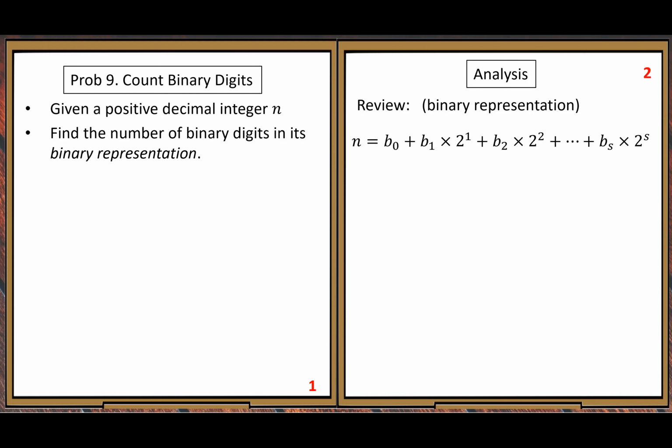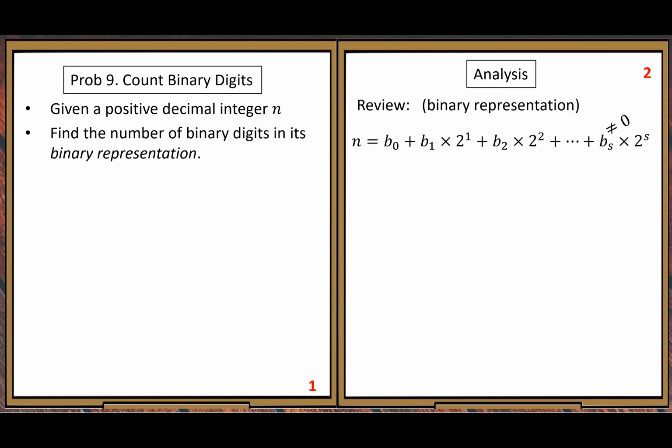Given n, we can use bits, all these b0, b1, the bits in the binary representation of n. You can see we use base 2 to represent the binary expression. That's the standard binary representation form.